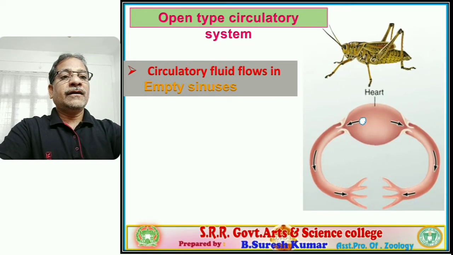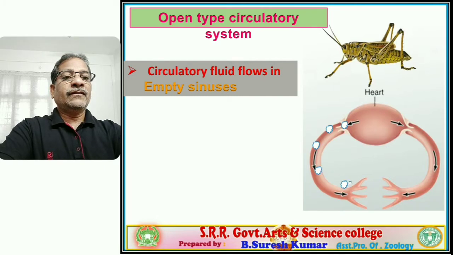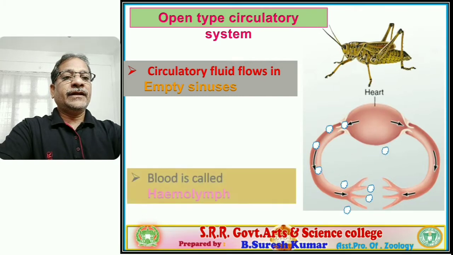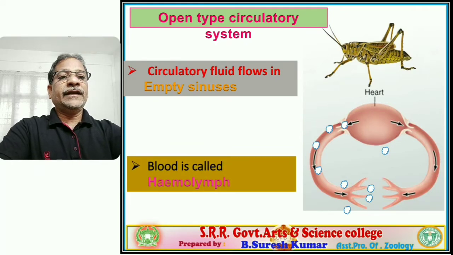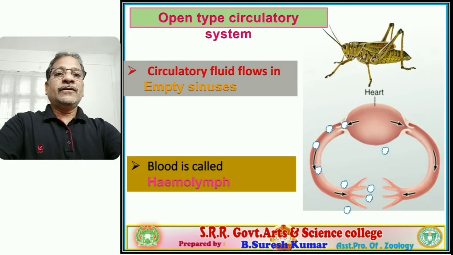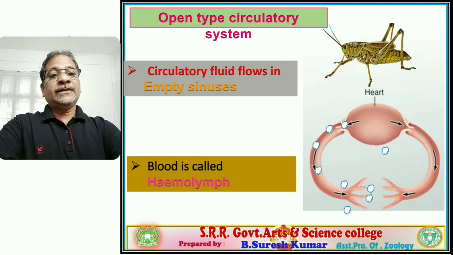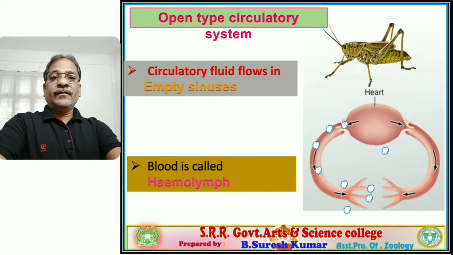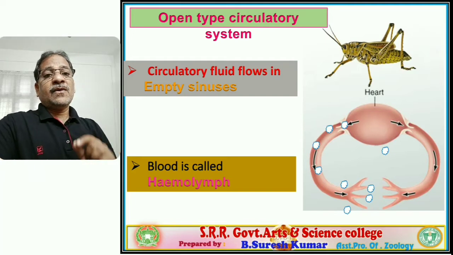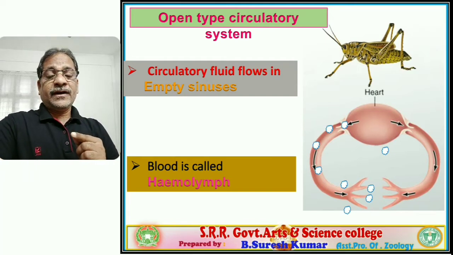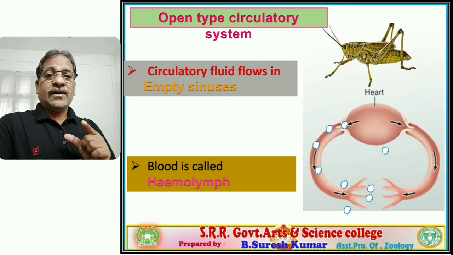So now the blood from the heart is pumped into a vessel, and from the vessel the blood flows, and ultimately flows out from the capillary network into the empty space. So that is the open type of circulatory system. Follow? And in these individuals, the blood is called hemolymph.